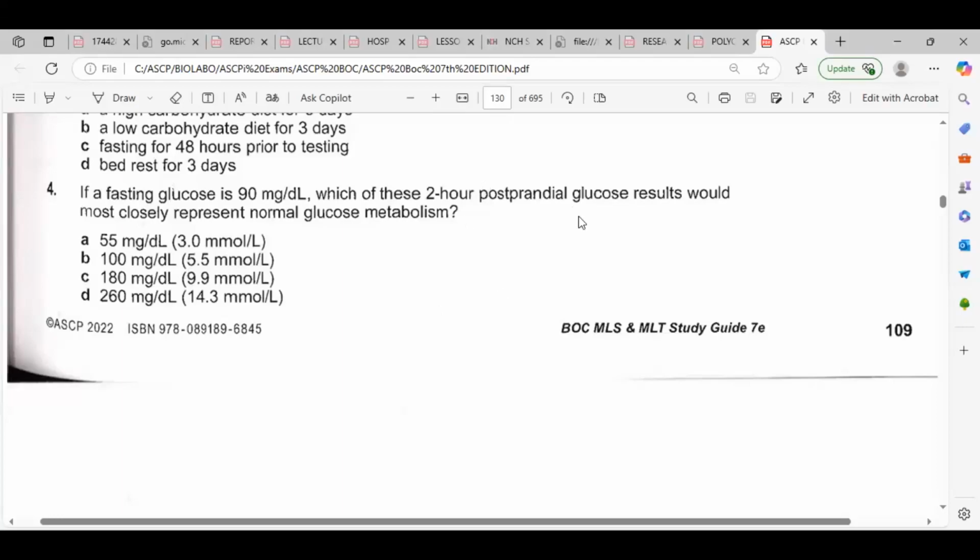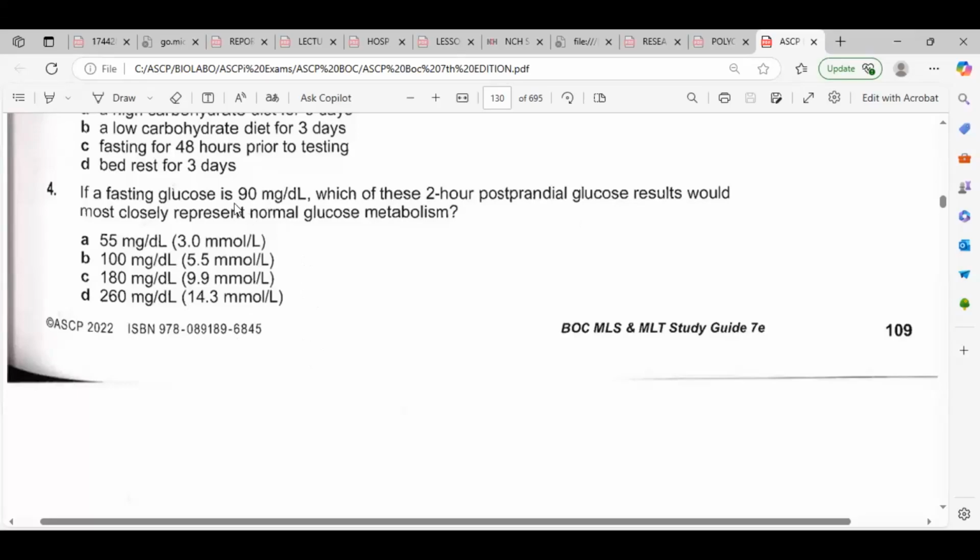It is glucose after eating, after a meal, after food, like 2 hours after a meal. What would be normal glucose metabolism here?